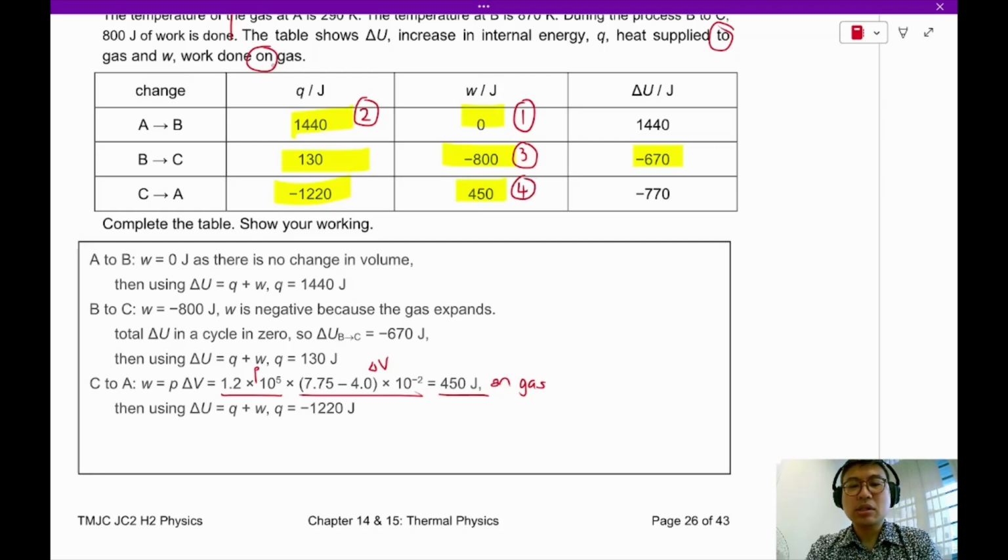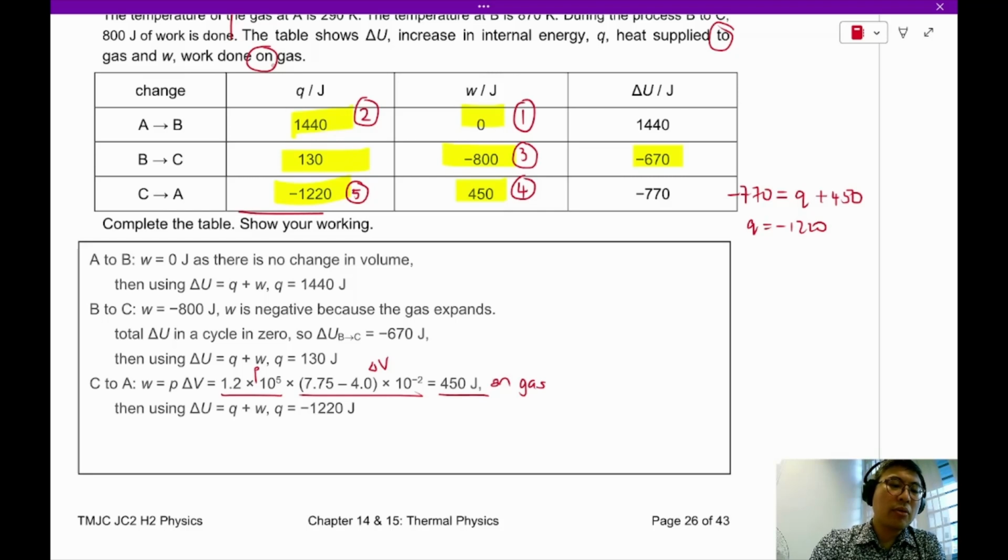Now, since this line C to A now has two data points, we can also work out this point over here. All right. So delta U is minus 770, is equal to Q plus 450. That means Q will be minus 1220 for this line.